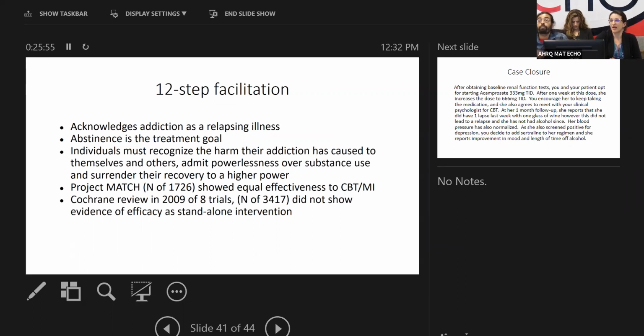It has not had as much evidence to show efficacy as a standalone intervention as other modalities of therapy, however.